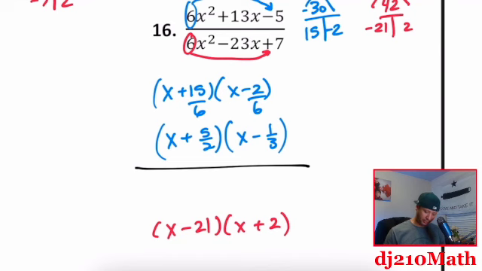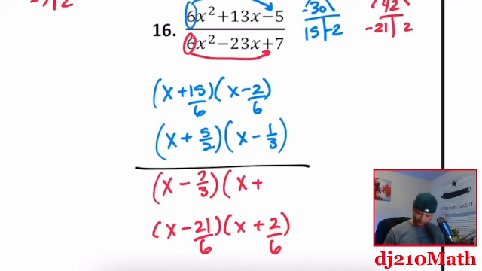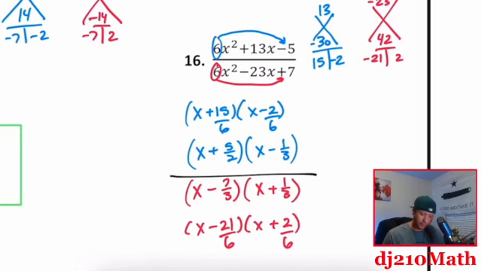Again, because we multiplied by 6, we have to divide by 6, and then we reduce. So this is x minus 7 over 3, and this is x plus 1/3. And that's a sneaky one because the x minus 1/3 and x plus 1/3 look like they would cancel, but they don't.